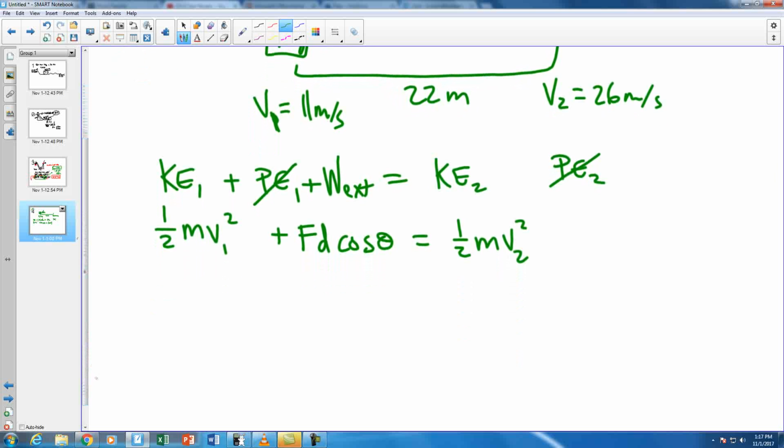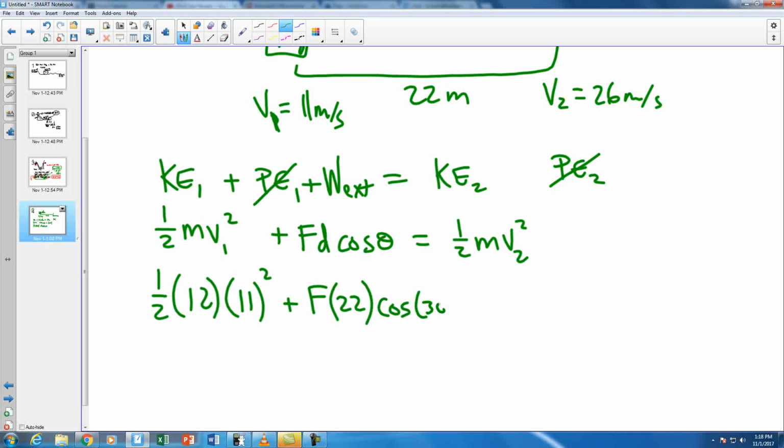What we can do is start by plugging in all the values that I do know. This is 1/2 a mass of 12 times a velocity of 11 squared, plus F, which I don't know, times d, the displacement, which was 22, and the cosine of 30 degrees.